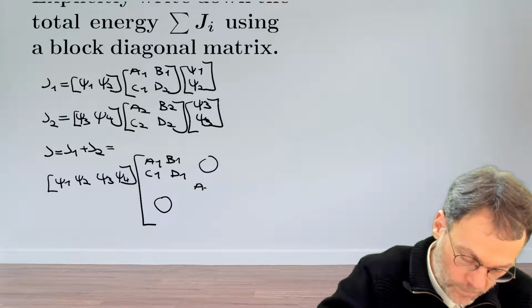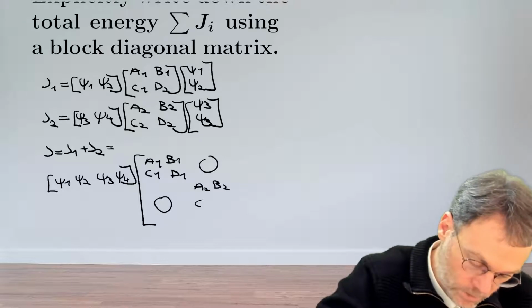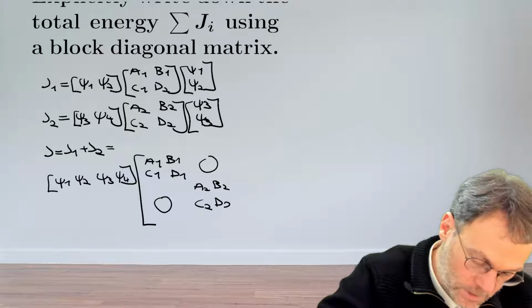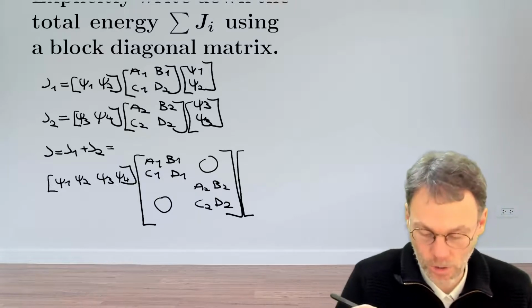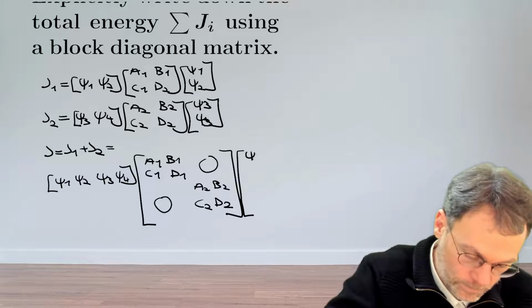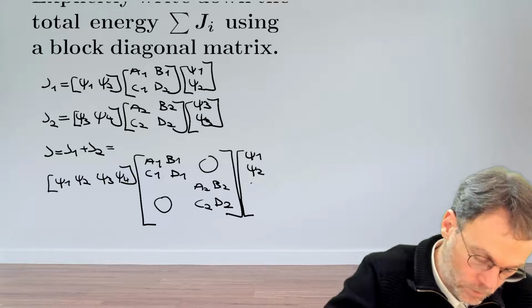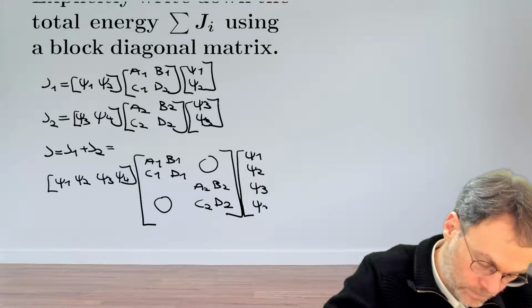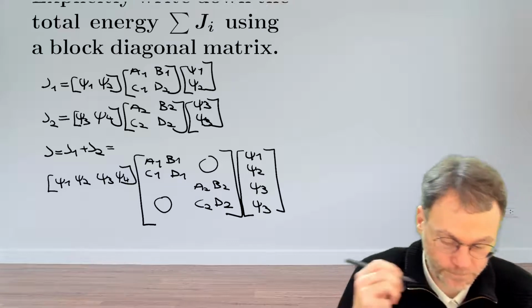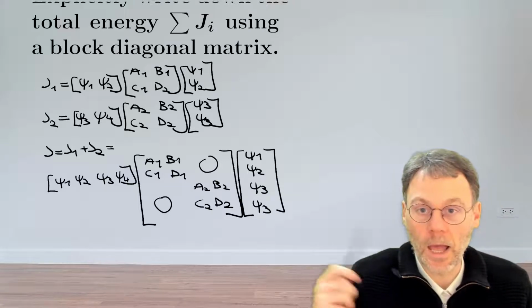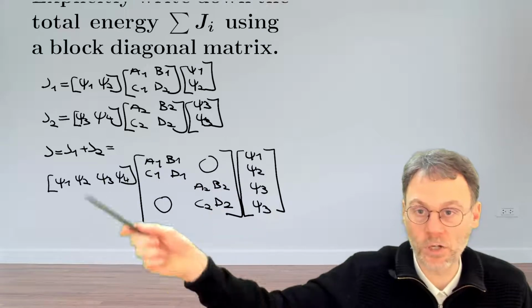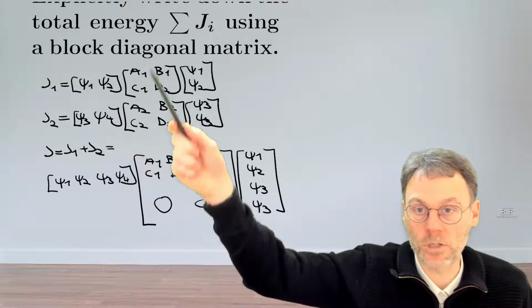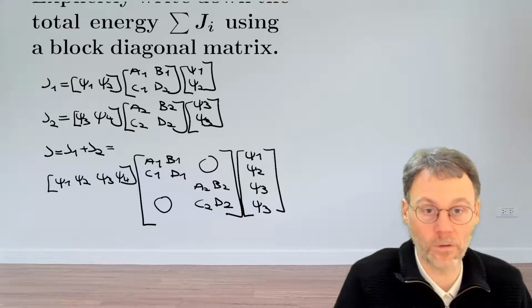And then we have A2, B2, C2, D2 over there. And then we have a much bigger column vector, psi1, psi2, psi3, psi4. And you can easily verify that elaborating this expression here is exactly the same as just summing the 2 expressions that you have up there.